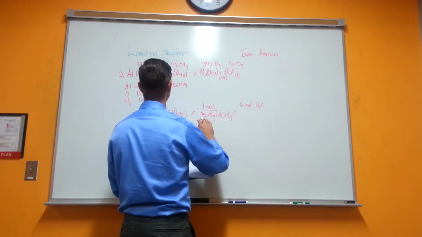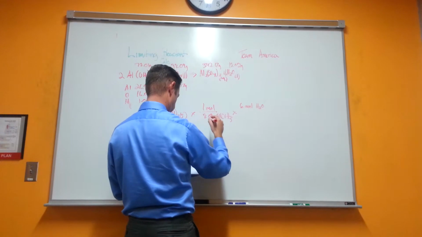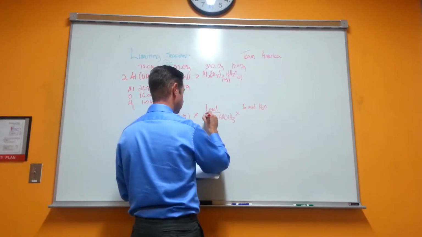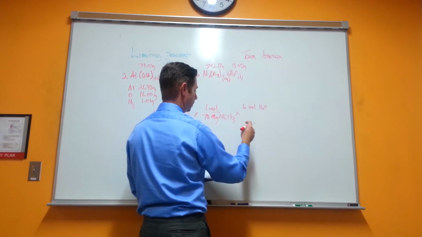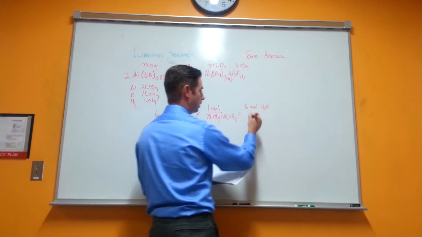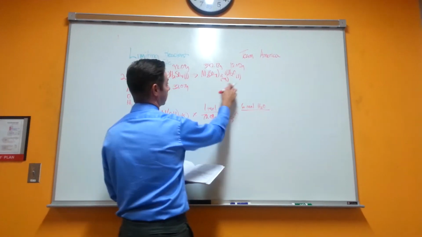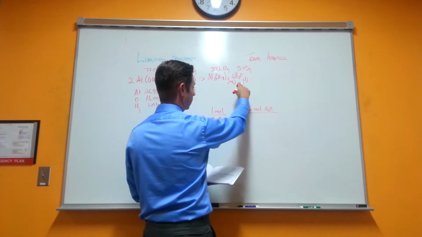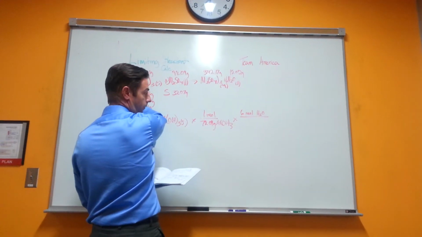Sorry, this is 78, not 98, sorry. 78.01 grams of aluminum hydroxide, 6 moles of H2O, right? And then we have 2 moles of aluminum hydroxide.